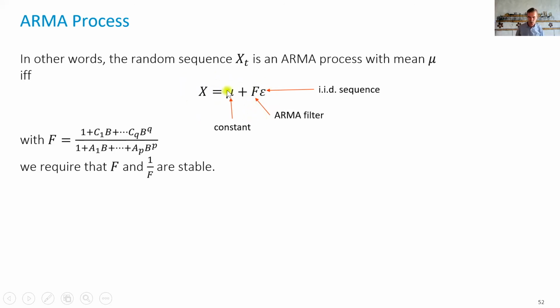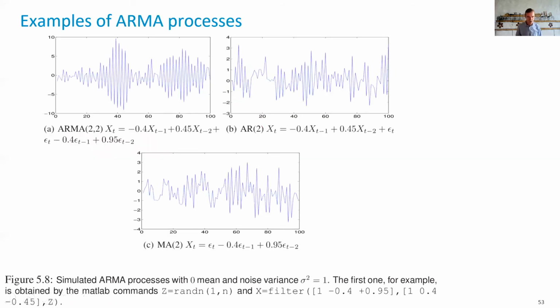You have to be careful what it means. So here mu is a constant, F is a filter, so an operator on sequences, and epsilon is a sequence, and x is a sequence. So adding a constant to a sequence means we add the constant to every term of the sequence here. So an ARMA process is simply one that is derived from a white noise process by an ARMA filter, plus possibly adding a non-zero mean.